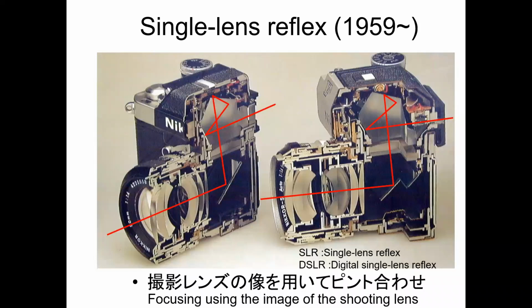Sony's first one was maybe 10 years ago or something, but before that, I think the first one was the Panasonic one. It was on the market, but it was not so successful. I'll explain later, but whether a camera is good or bad is defined mainly by the lens.